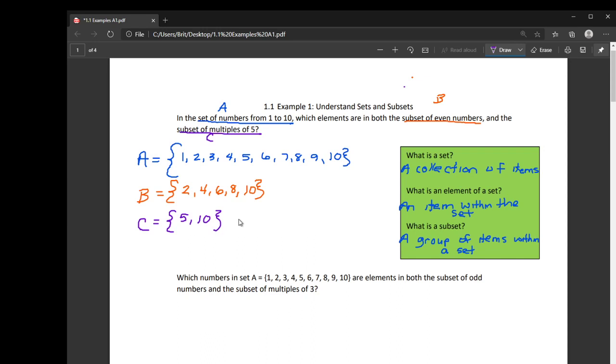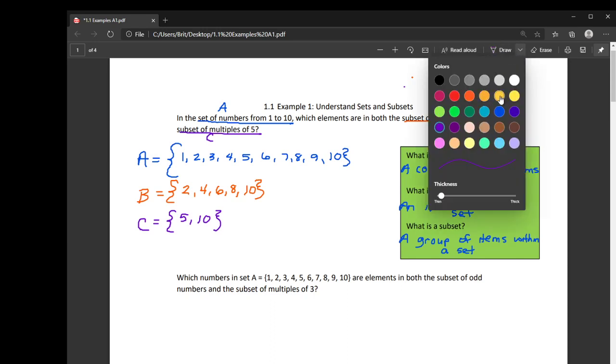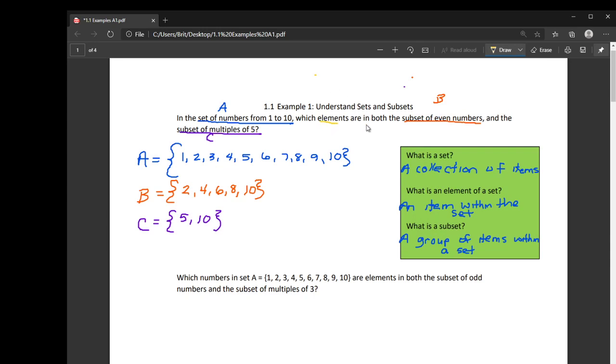Alright, so now the question is asking what items or which elements are in both subsets. So I'm going to look at B, and I'm going to look at C, and I'm going to see what numbers line up to both. So I'm probably going to start with C because it has fewer numbers.